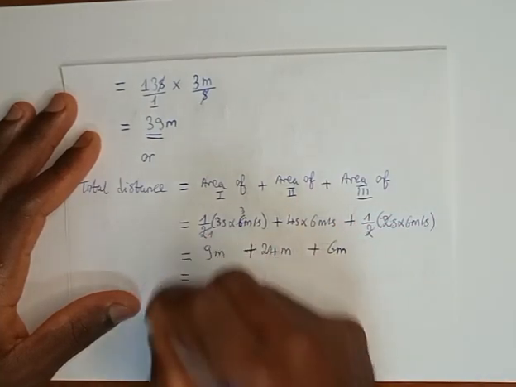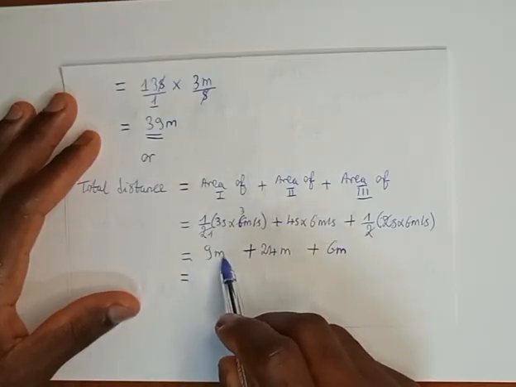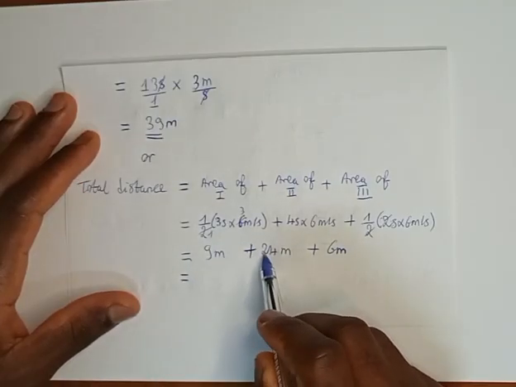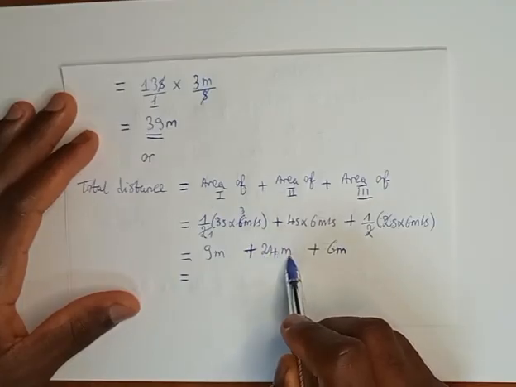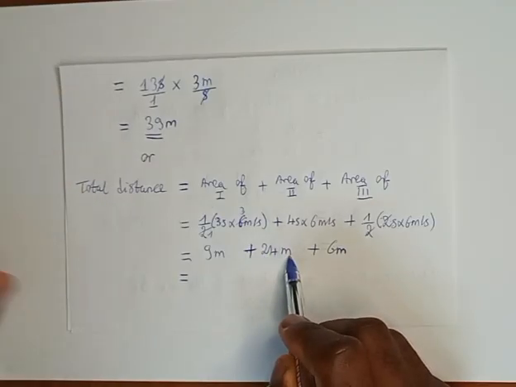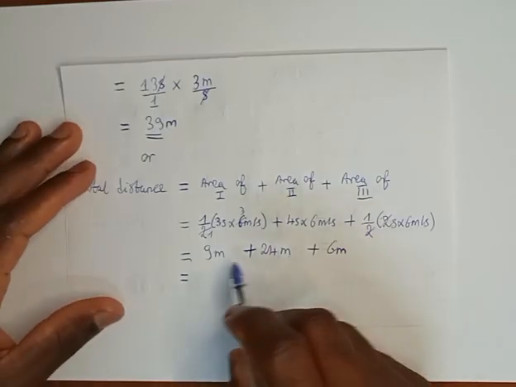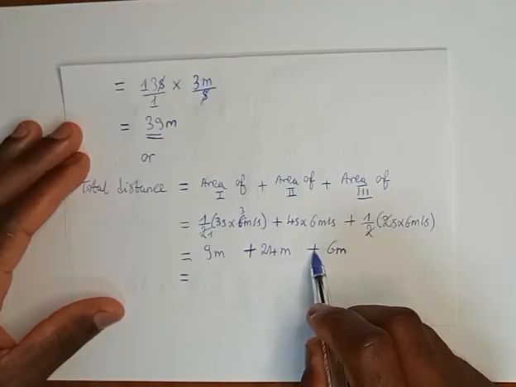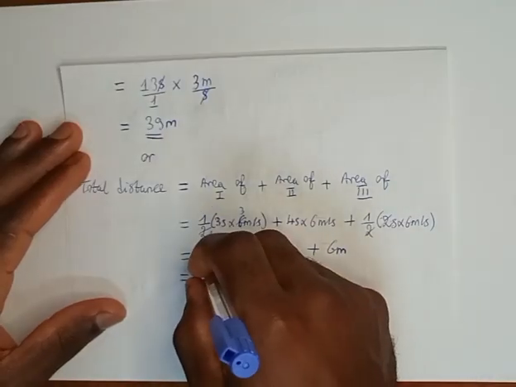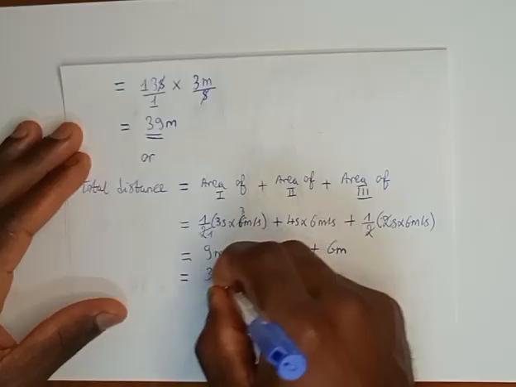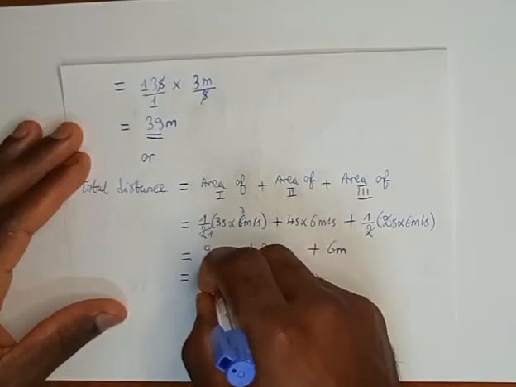This will simply be equal to 9 meters plus 24 meters. It gives us 33 meters. 33 meters plus 6 meters gives us 39 meters.